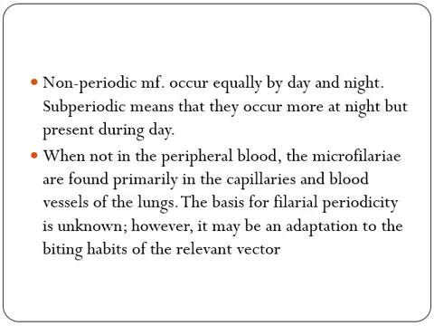Some non-periodic microfilariae occur equally by day and night. Sub-periodic means that they are present more at night but can be present during the day. When not in the peripheral blood, microfilariae are found primarily in the capillaries and blood vessels of the lung.